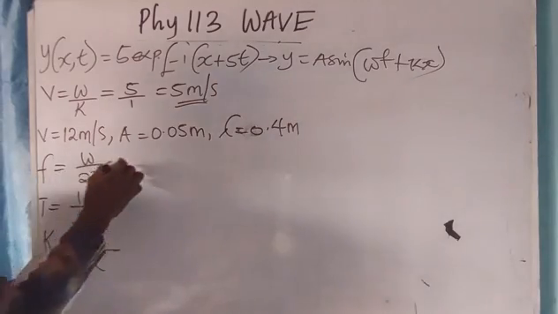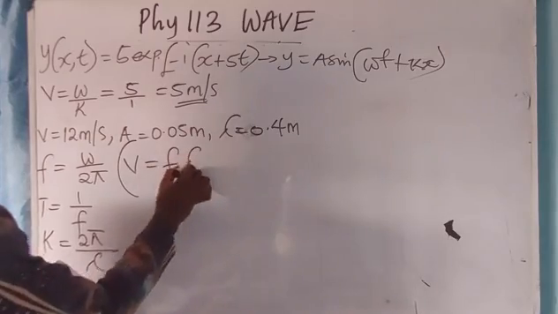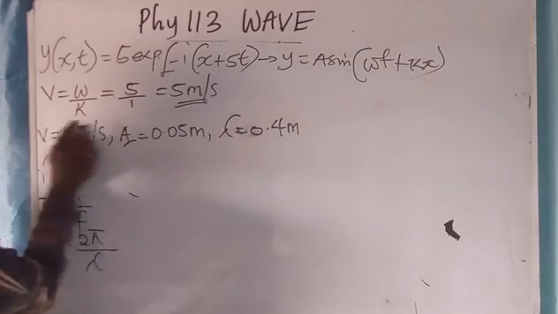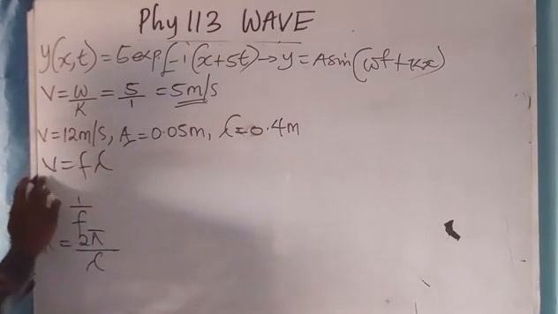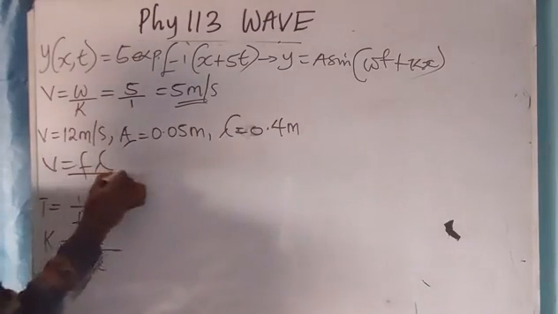Now we know that v is equal to f lambda. To make f the subject of the formula, I divide both sides by lambda.